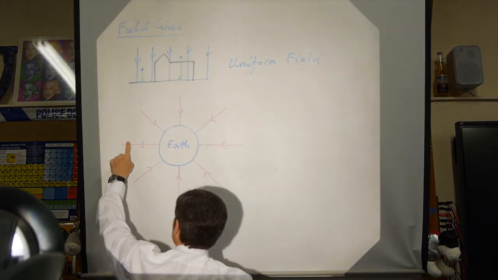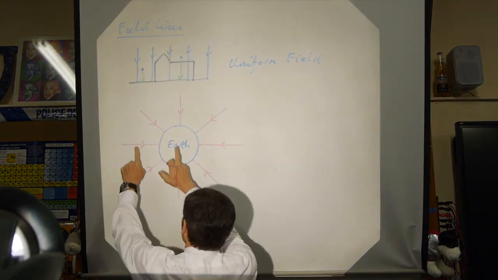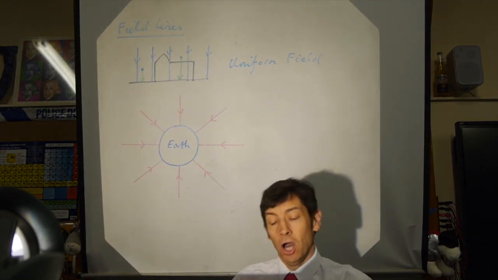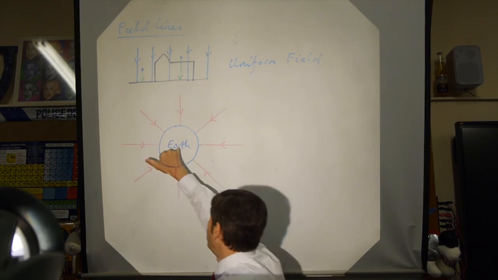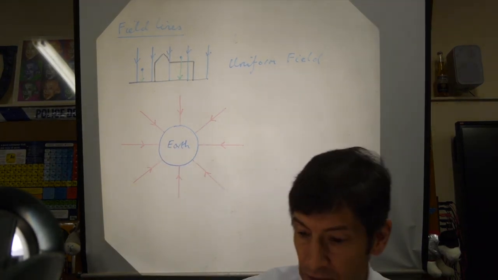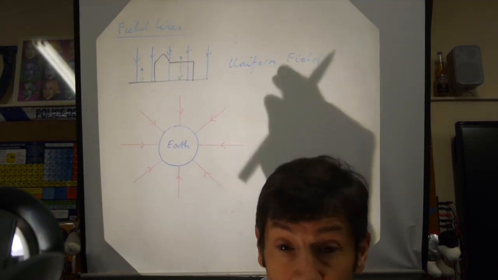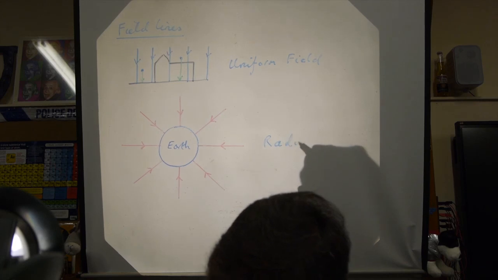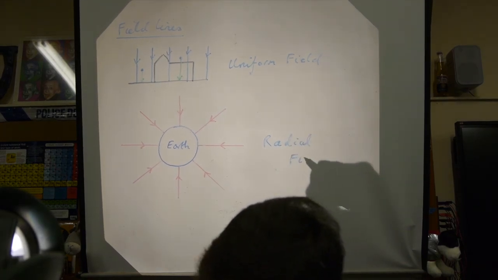So if I get to here, I'm going to describe that distance usually as distance r. r equals a radius away from the point mass. So what you're seeing here is not a uniform field, it's actually a radial field.